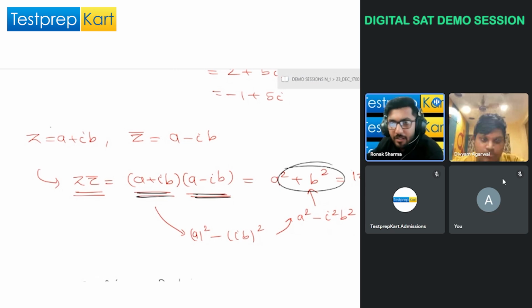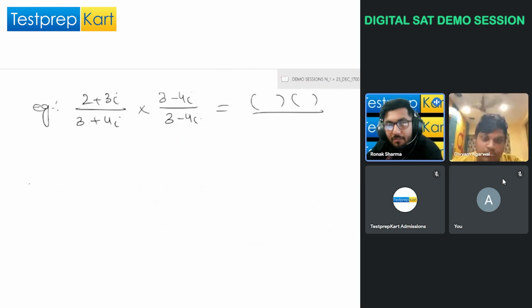The numerator will be whatever, but what will the denominator be? 9 plus 16. Good, that's what I wanted to hear.